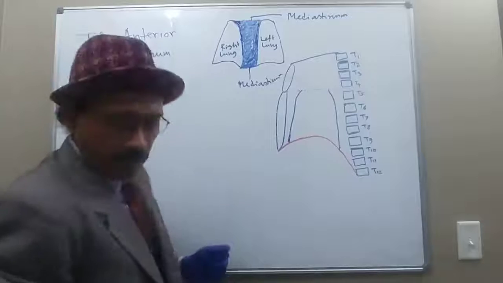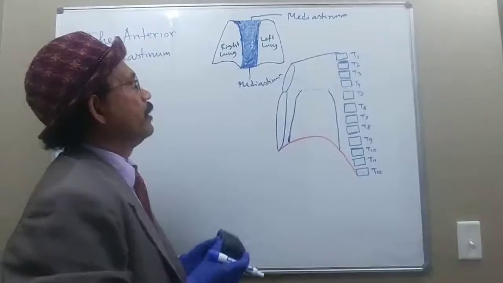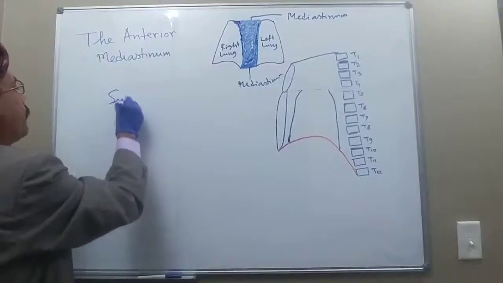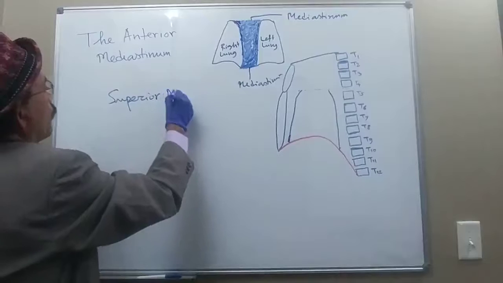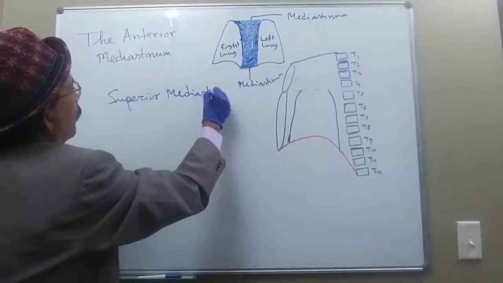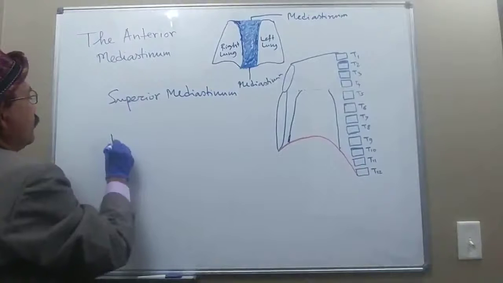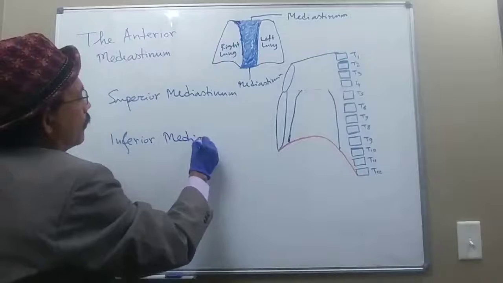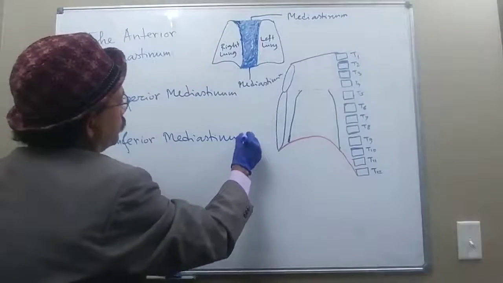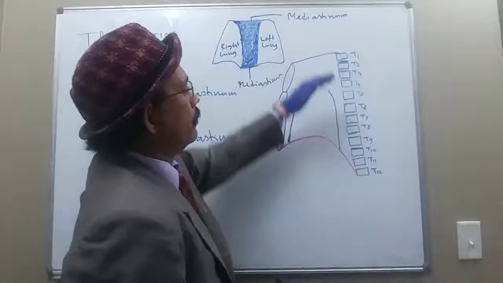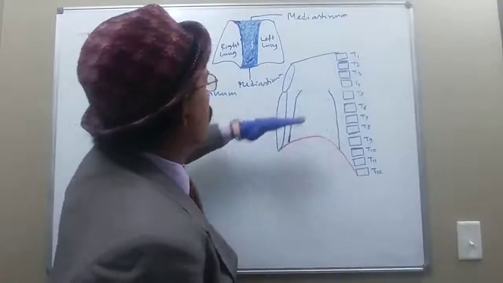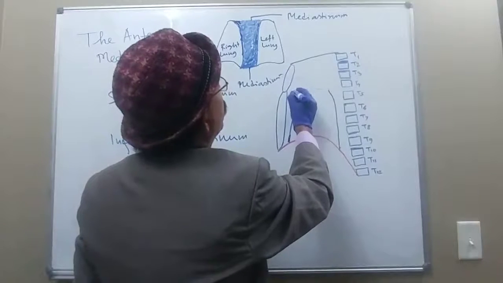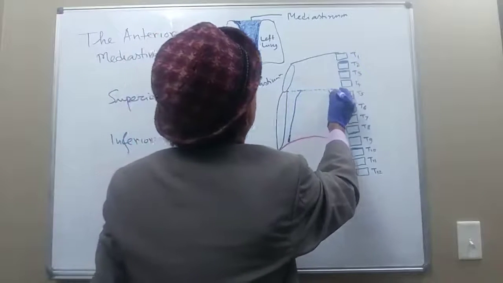For the convenience of our study, we divide the mediastinum into superior mediastinum and inferior mediastinum. Superior and inferior mediastinum are described in relationship to the transverse thoracic plane.